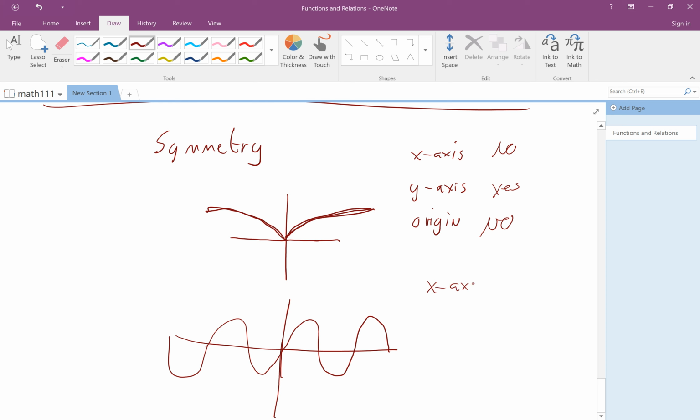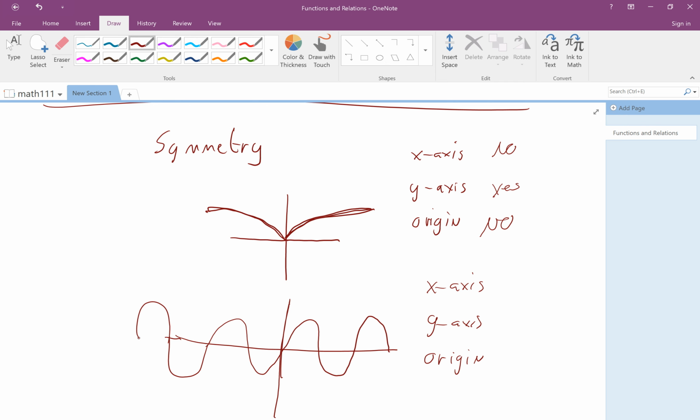X-axis, y-axis, origin. Okay, I'll try to draw this a nice curve here. There. Symmetric about the x-axis? Yes or no?